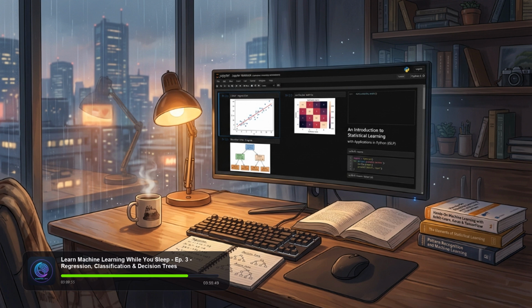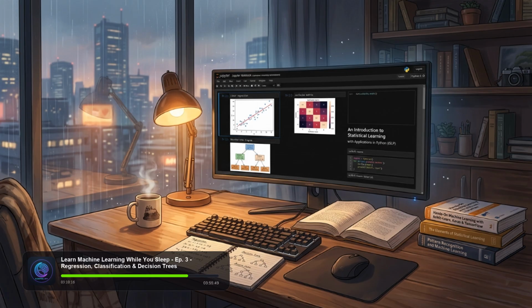The fourth component is the posterior probability, denoted as p of y equals k given x. The posterior probability is the final output we seek to calculate: the updated probability that the observation belongs to class k after incorporating the observed feature evidence.